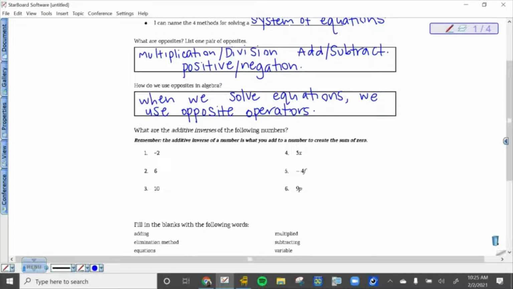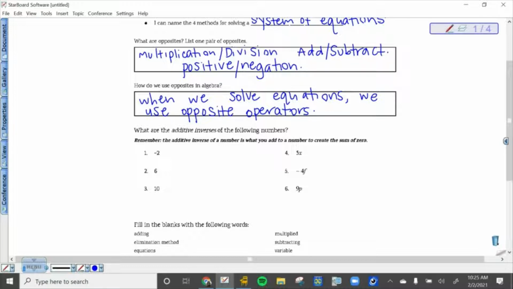Negative 10 plus 10, 0. They cancel each other out to be 0. Okay, so we use that a lot when we're solving equations, right? And we're going to use that same idea to help us do this elimination method.